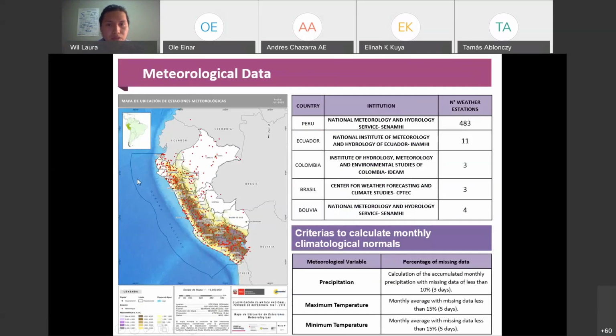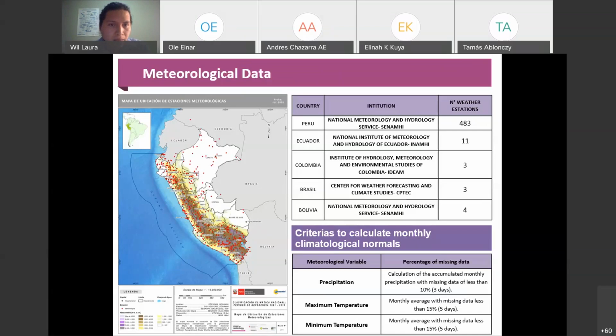So for that reason, the first step is to get the meteorological data. As you can see in this map, the red points show the position of each conventional weather station. You can see two characteristics.